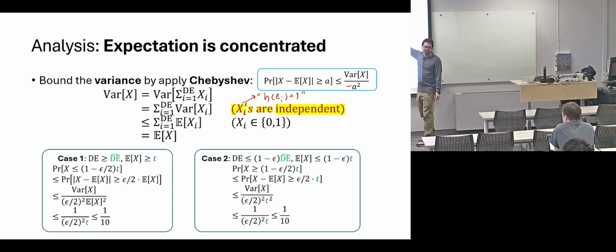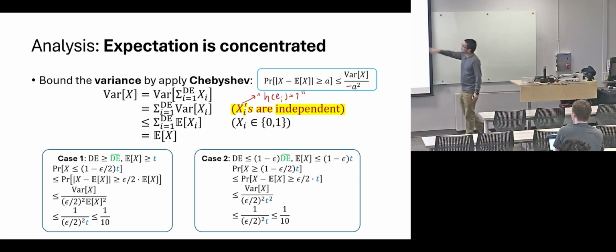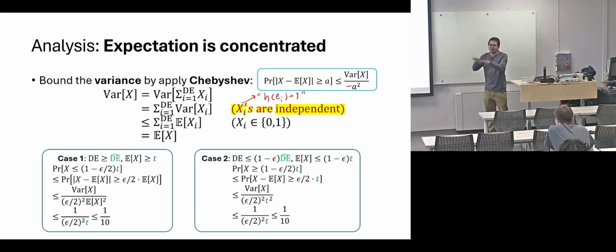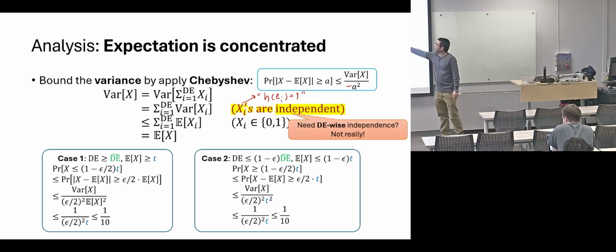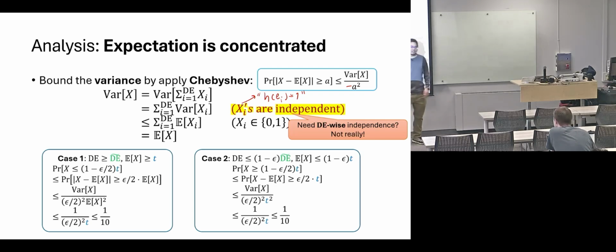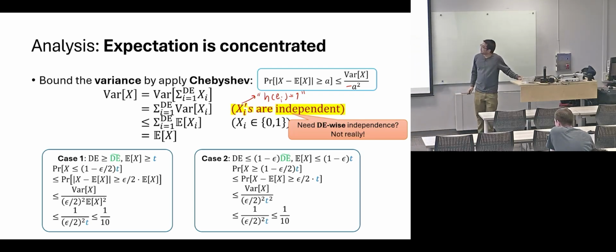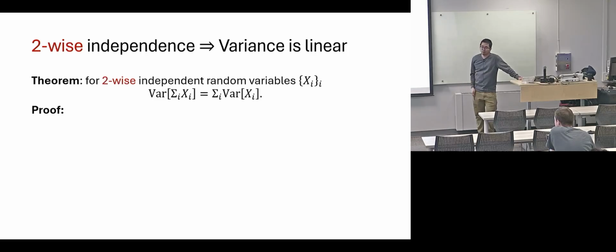So this looks quite problematic because it seems like we want all the xi to be independent from each other, like it seems we need d-wise independence, but not really actually. The reason is that for this step to be equal to this step, we need something much weaker. Here we need that the variance is linear. But actually variance is linear already when you have twice independence.